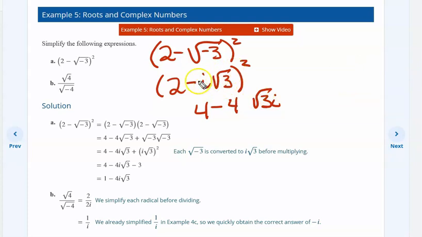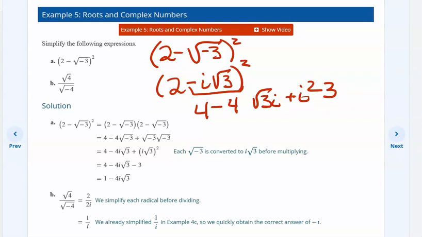And then we have to square this. Now, squaring this, negative times negative would give us a positive i squared. And squaring the square root of 3 is 3. So i squared here is going to give you a negative 1 times 3. This will become a negative 3 here.